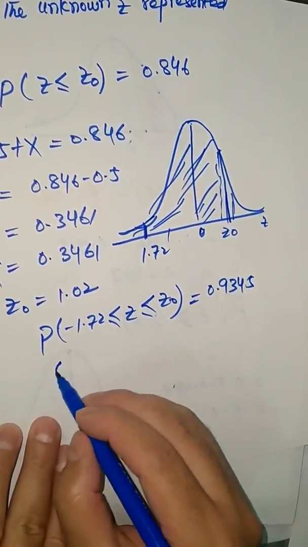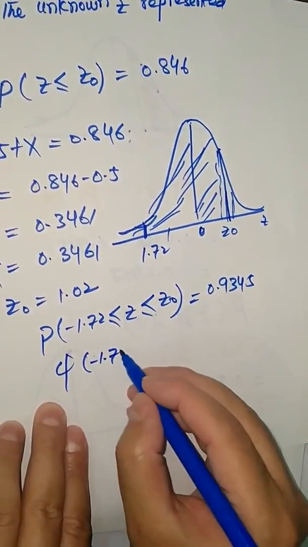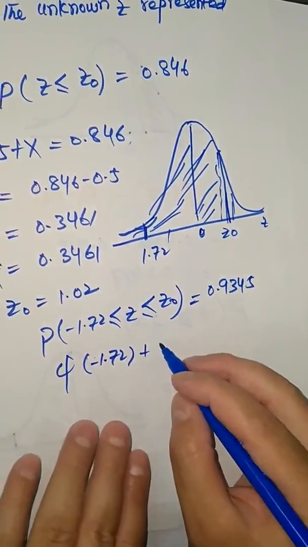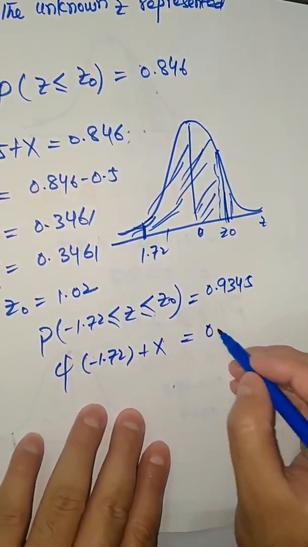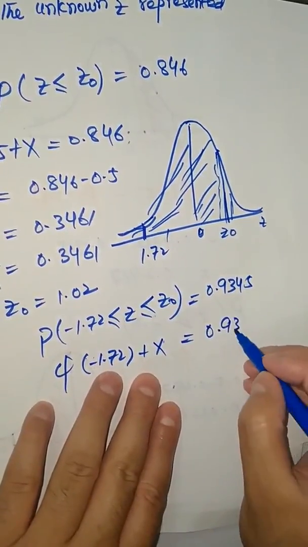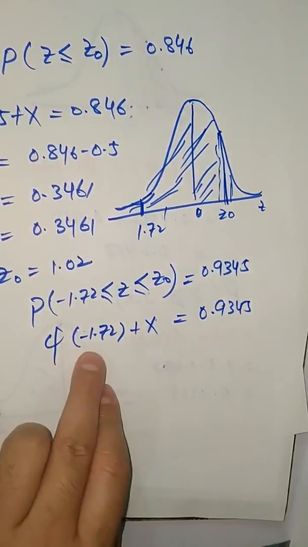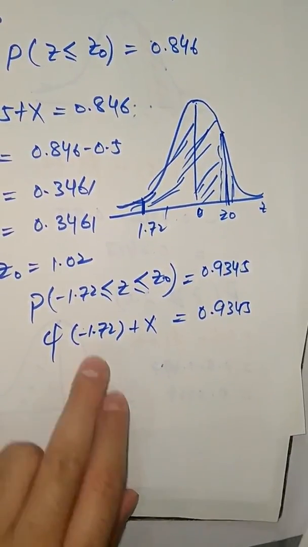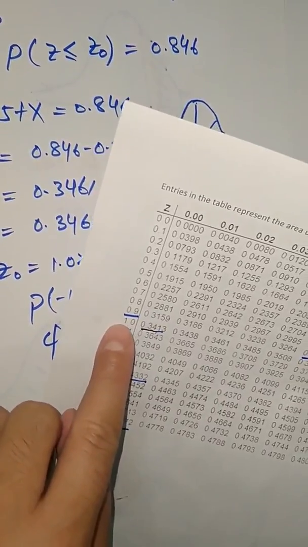So when z is equal to minus 1.72 plus x is equal to 0.9345, when z is equal to 1.72. So again, following the table, this is 1.